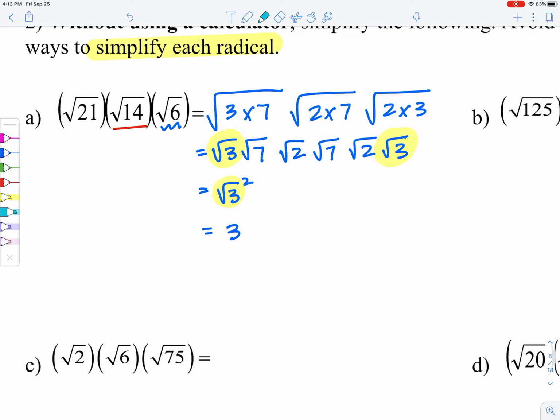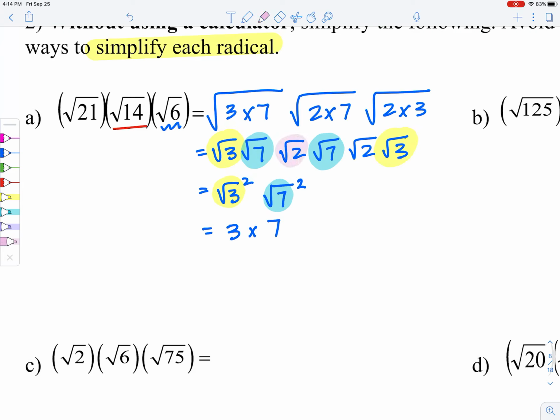And then I've got a root 7 and another root 7, so I can write that as root 7 squared, because they're multiplying. And root 7 squared is just 7, and remember, squished together meant they were multiplying.